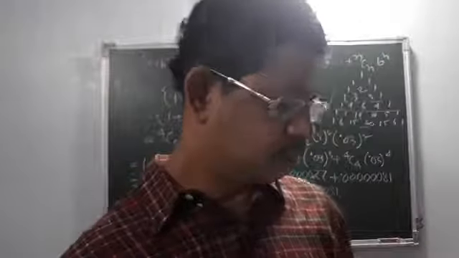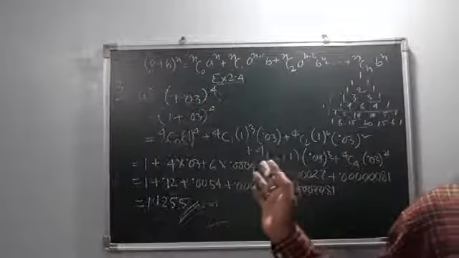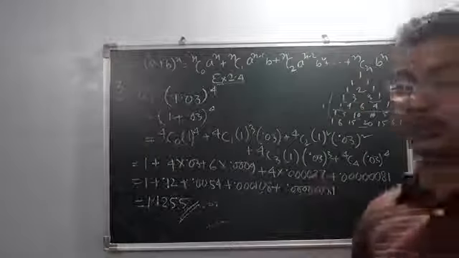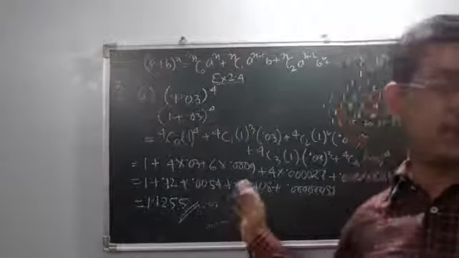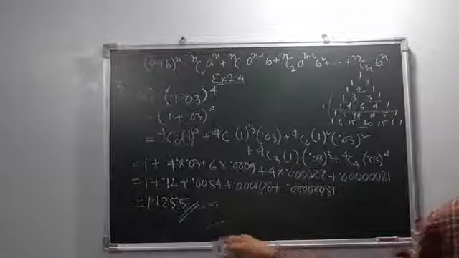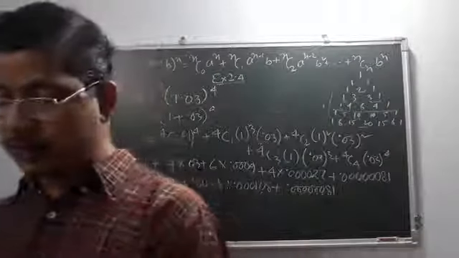So students, how to use the binomial theorem, they have said that you use the binomial to find the values. Simply note the multiplication we have used, and then we have found this one. So that is the use of binomial theorem.